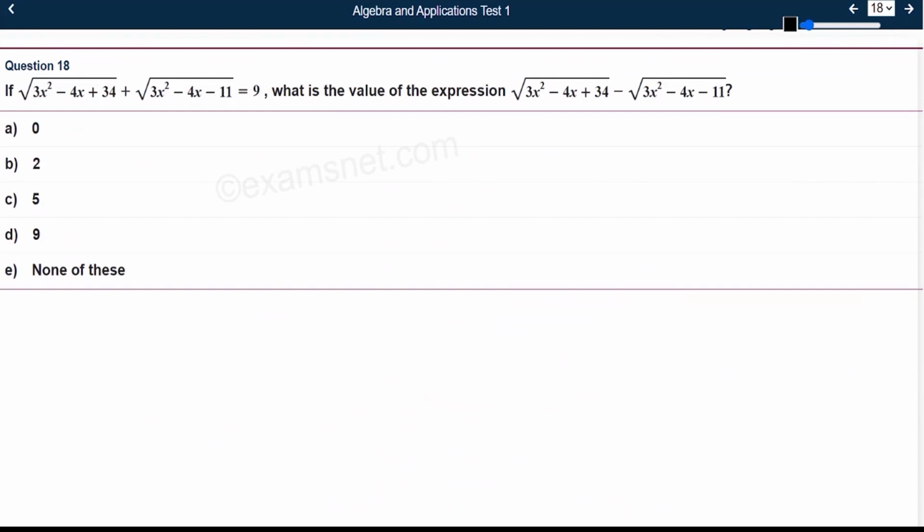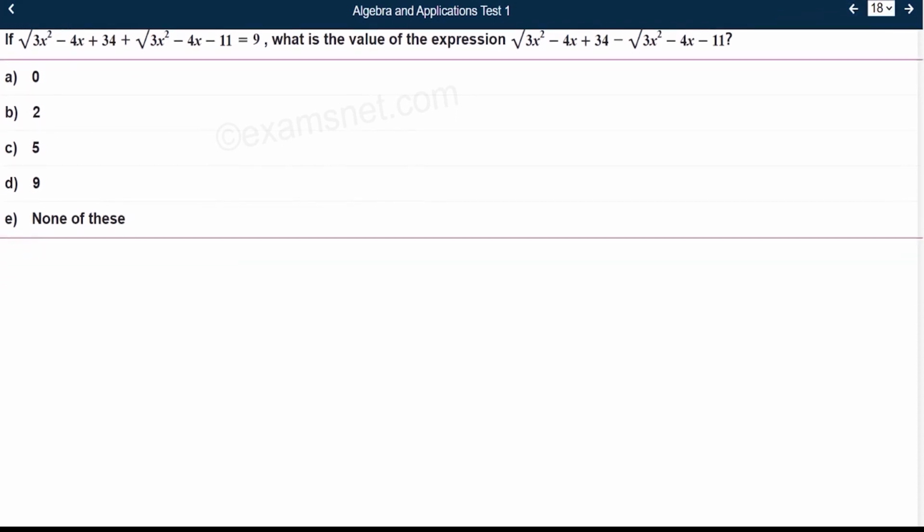That is, if root under 3x square minus 4x plus 34 plus root under 3x square minus 4x minus 11 equals 9, then what is the value of the expression root under 3x square minus 4x plus 34 minus root under 3x square minus 4x minus 11?